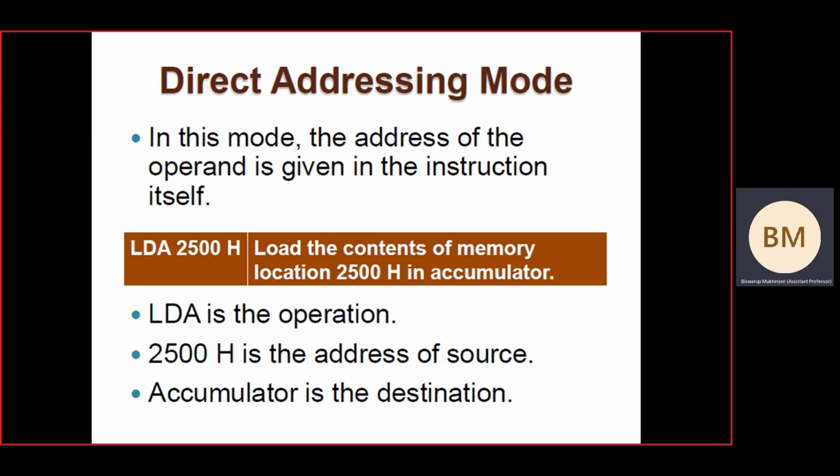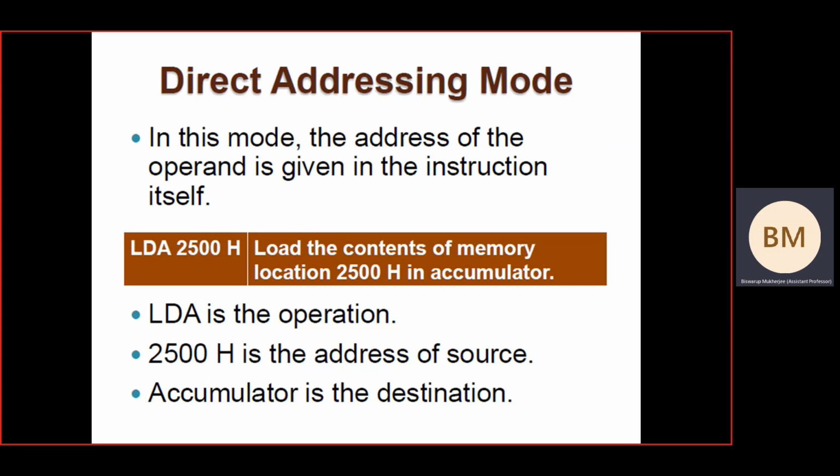We will be learning about the instruction set in our next class. Right now, for your understanding, this is one instruction that can be given to your microprocessor 8085. The instruction is written in such a manner: LDA 2500H. What does it mean? It means load the contents of the memory location 2500H in the accumulator.